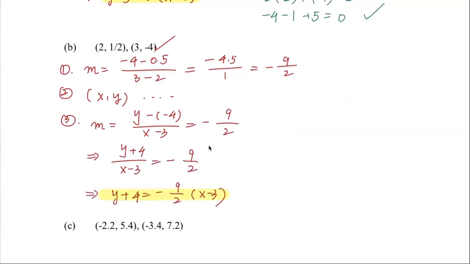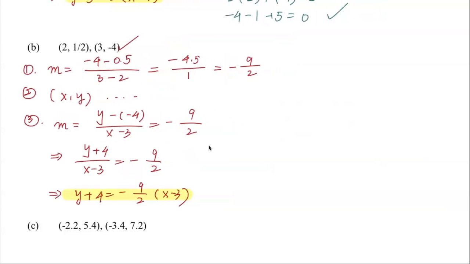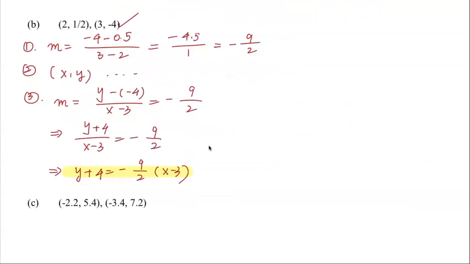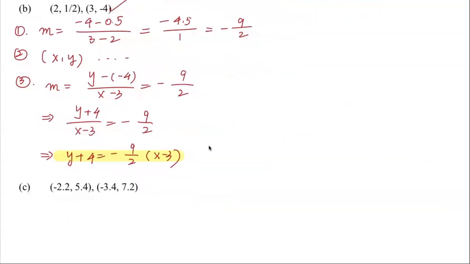So this is what form? This is the point slope form, right? This is point slope form. And now we need to change the point slope form to the standard form. So we need to move everything on the right side of the equation to the left side, and we need to open the brackets, organize the equation, and write the expression in standard form, right?